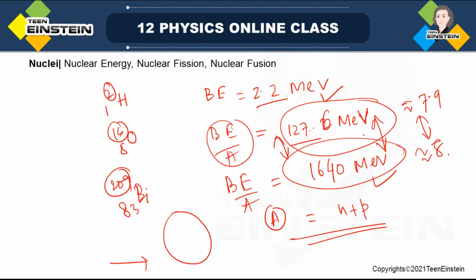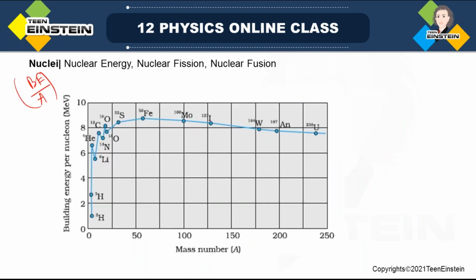So this is one thing: the binding energy per nucleon curve is so important that it gives the idea of nuclear reactions through which energy can be released.